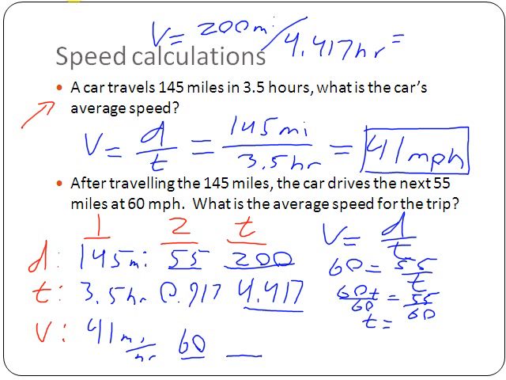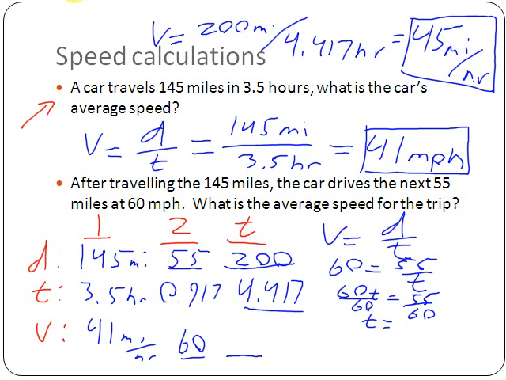Whenever we do that, we end up with a speed of 45.28. Significant figure-wise, this is going to end up at 45. And so our final answer here is 45 miles per hour, which is the average speed for the whole trip.